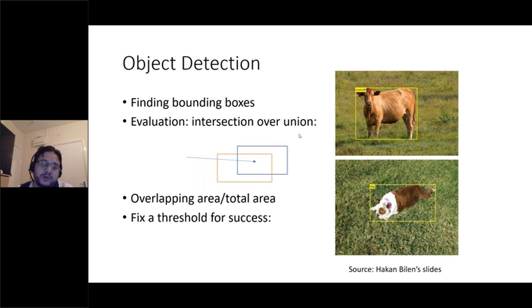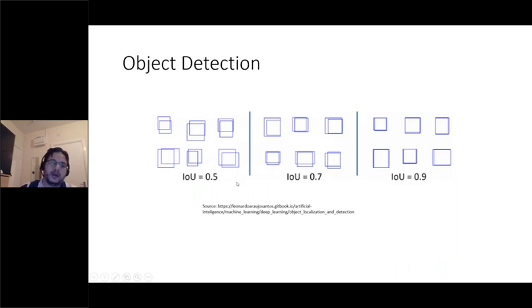Well, for the evaluation, we do the same thing as intersection over union. However, we fix the threshold. So we take this IOU.